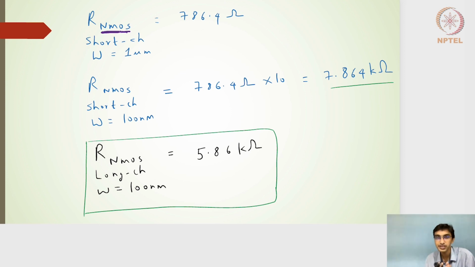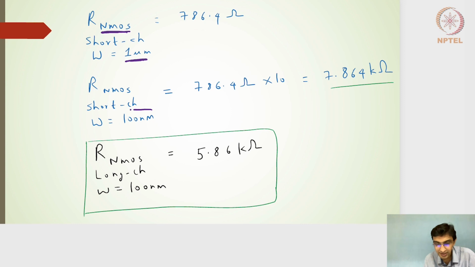The PMOS is completely off. So the operating transistor is actually NMOS, and we had used the current of the NMOS. Nowhere had we actually used the current of the PMOS. So the short channel model based switching resistance for the NMOS for the width of 1 micron was turning out to be 786.4 ohms.